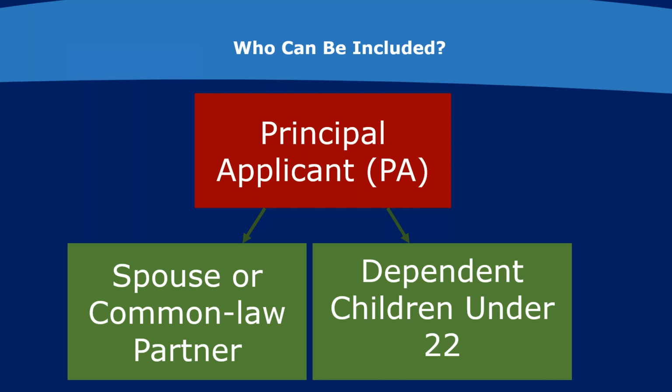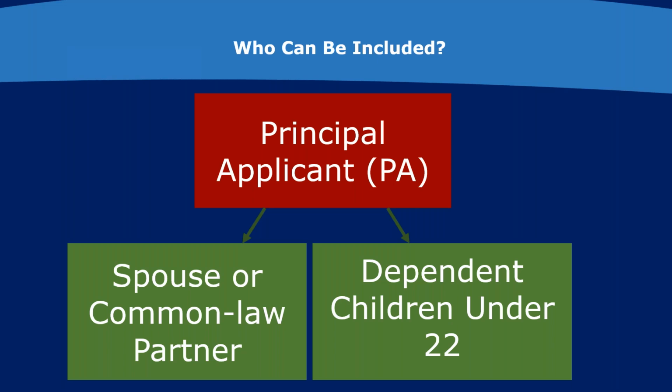Someone who is over the age of 22 but has a mental or physical illness that makes them financially and emotionally dependent on the principal applicant, on the family unit, prior to becoming 22 can be added to the sponsorship application as well.